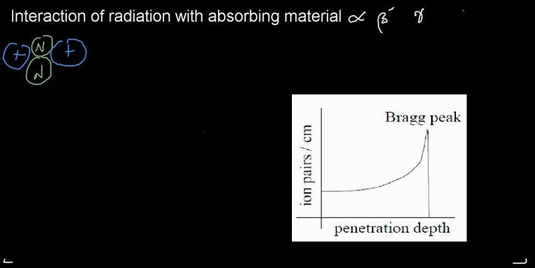So obviously, when an alpha particle is moving through a material, what is it going to do? Well, material is made of atoms that are surrounded by electrons, and here I have a very massively charged particle that is very, very big. A double positive charge is a very massive charge when we're talking about charge moving through tissue.